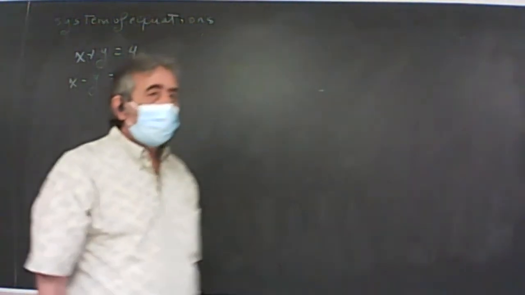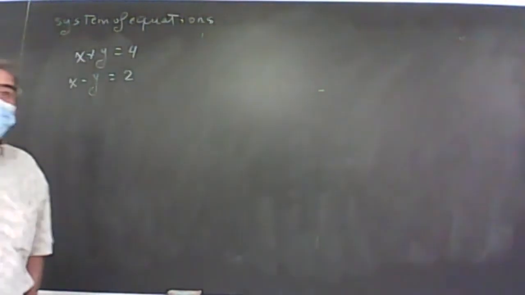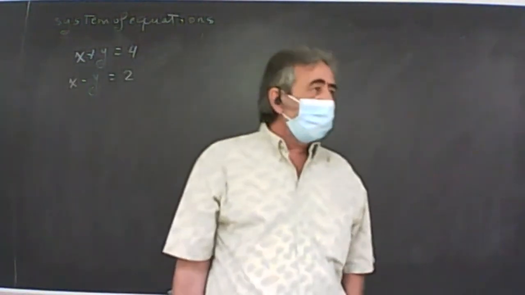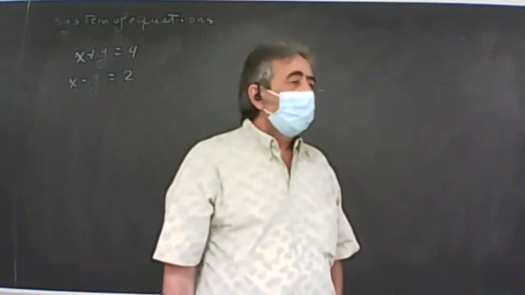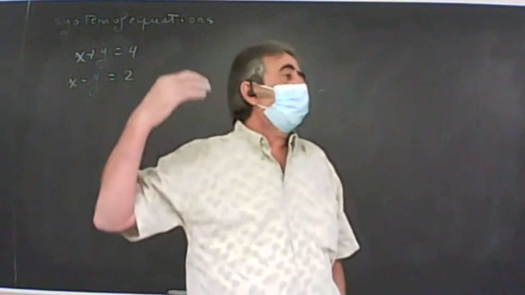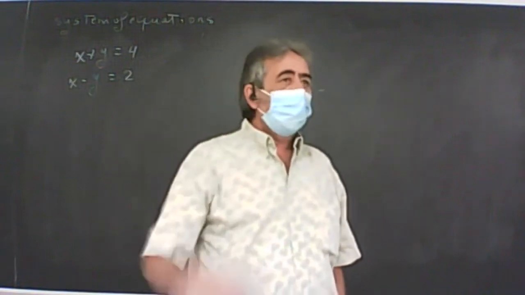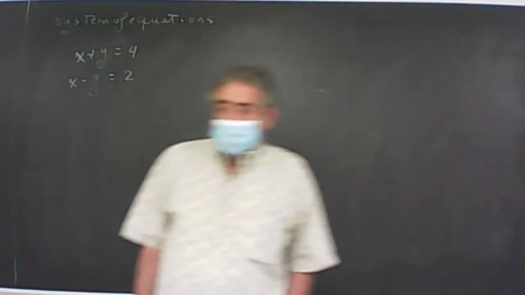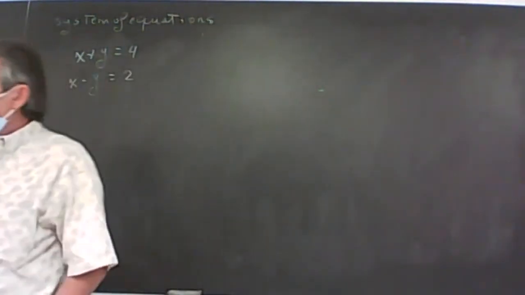So my aim is to have two coefficients of one variable from different equations be the opposite of each other. So if one is 1, I want the other one to be -1. Why? So when I add them, they cancel out. If one is a 5, I want the other one to be -5.